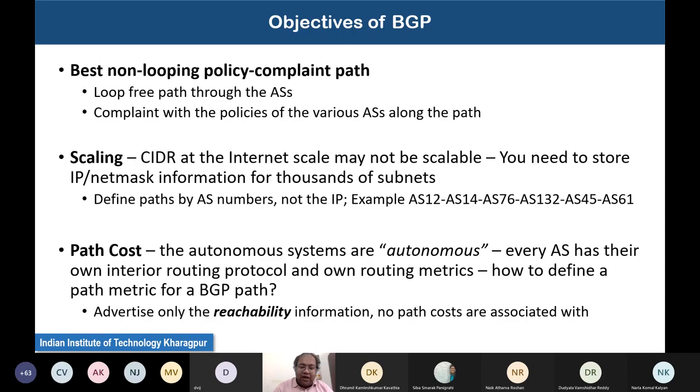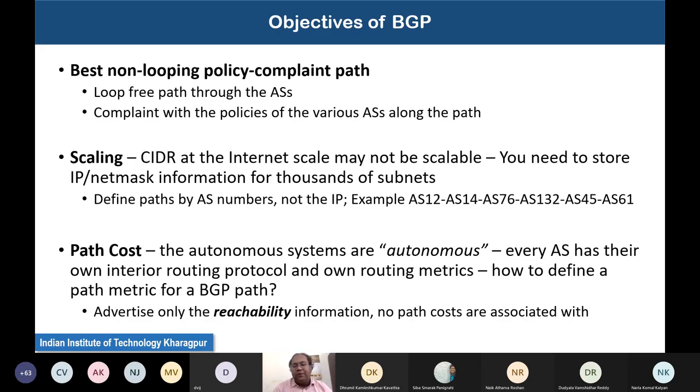Then comes the idea of the path cost. Now, this is something very interesting. As I was mentioning earlier, the autonomous systems are really autonomous. So every individual network administrator might define the path cost within an autonomous system.